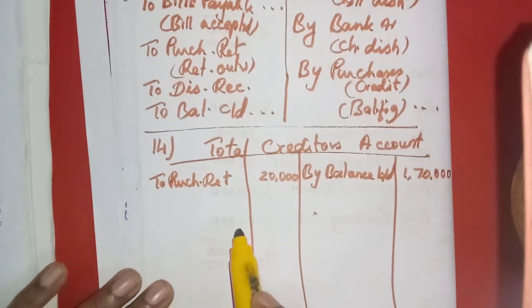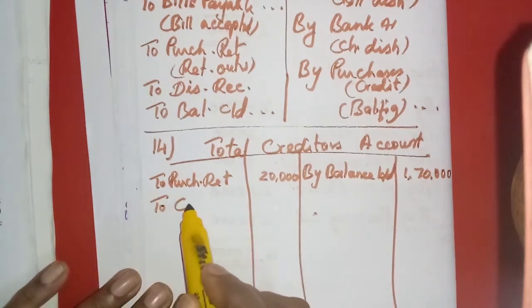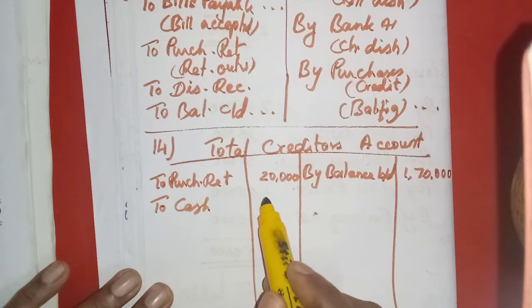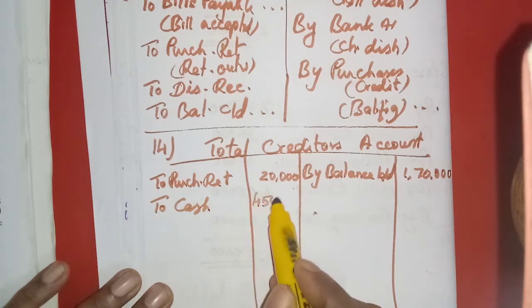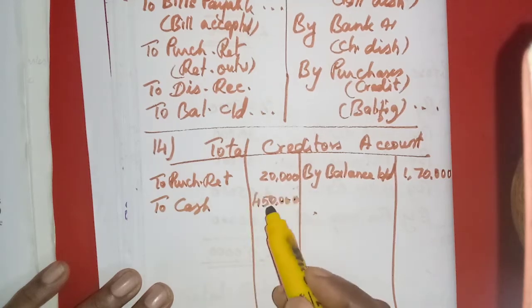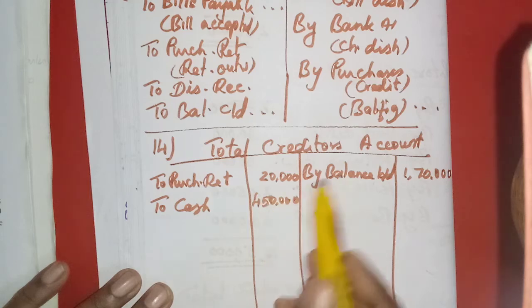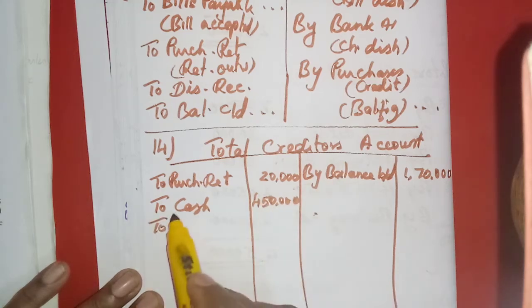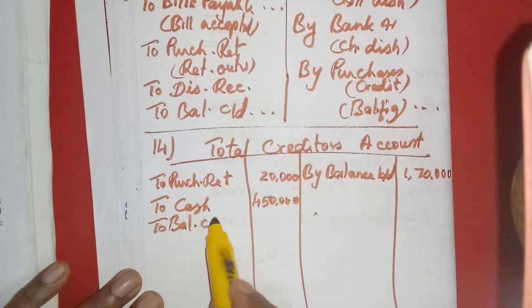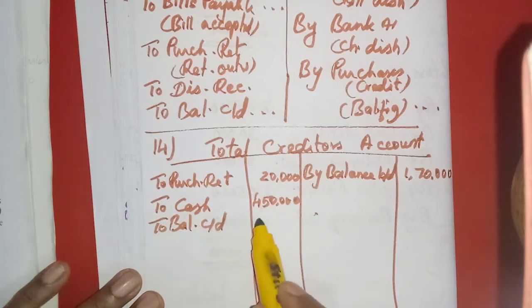Then cash paid to creditors, to cash, 4,50,000. Closing creditors, opening here, closing here, to balance carried down, 1,90,000.